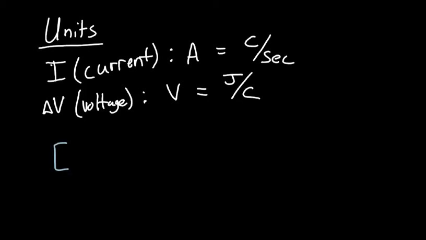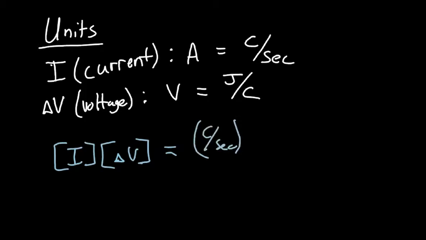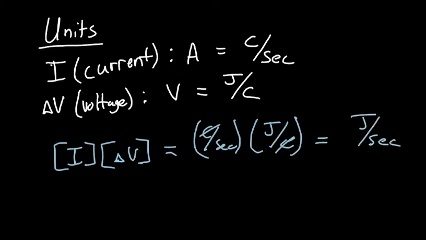If I were to take the units for current times the units for voltage, I'd have coulombs per second multiplied by joules per coulomb, and my coulombs would cancel, and that would leave me just with joules per second.